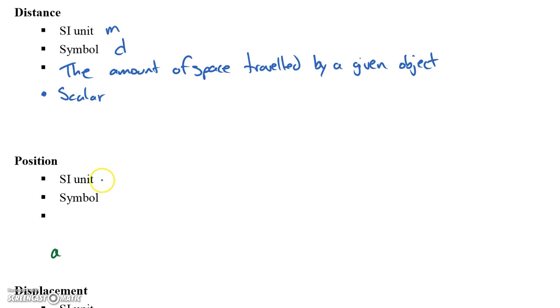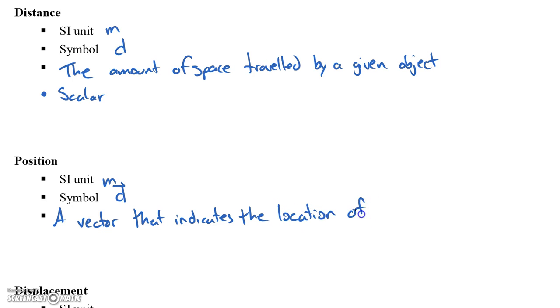Position, SI unit, is meters. Its symbol is lowercase d, but this time it has a vector arrow over top. So as the definition says, it is a vector that indicates the location of an object from a given reference point.